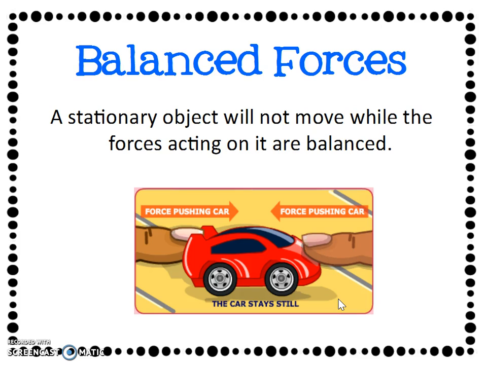So if you look in the example here, you have a force pushing the car to the right, and you have a force pushing the car to the left. But the car is going to stay still because the forces on it are balanced, meaning these people are pushing that car with the same force, and because of that, it's not moving.